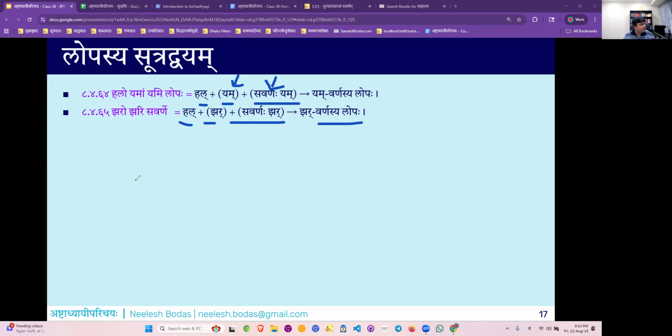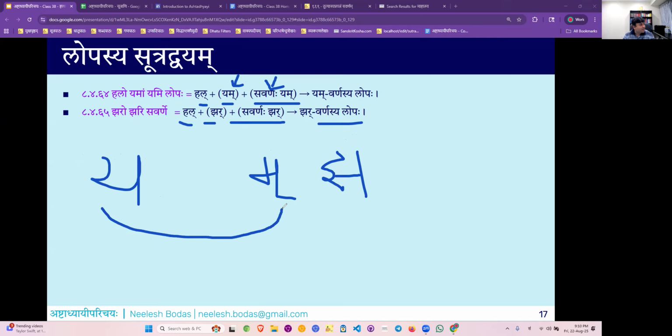Now look at the pratyaharas. What is yama? It starts from ha, ya va ra t, la n, ña ma ṅa ṇa na m. And then the next word is jha bha ñ. So as soon as the yam pratyahara ends, the jhar pratyahara starts.